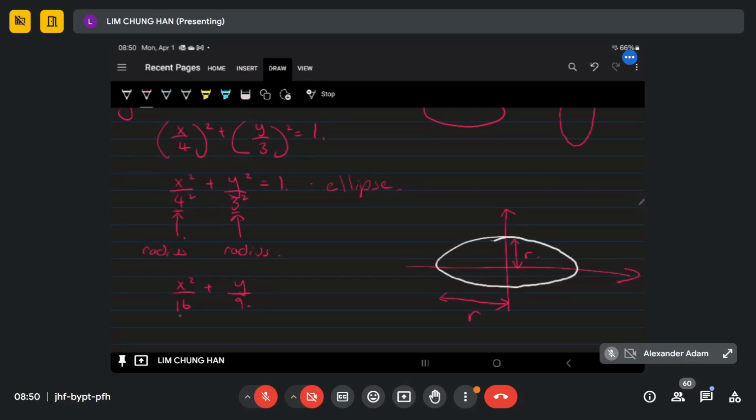I didn't compute 4 squared and 3 squared, because the formula uses the radius squared. If you convert this to 16, then you don't have the radius anymore, because the formula for an ellipse is this.